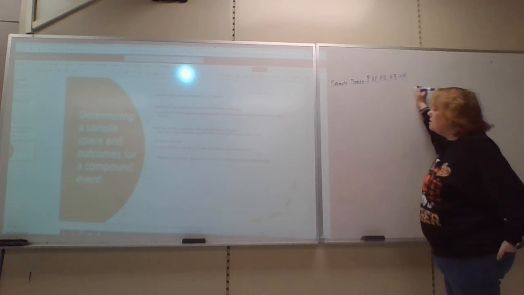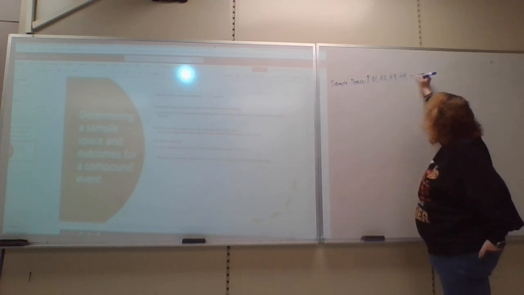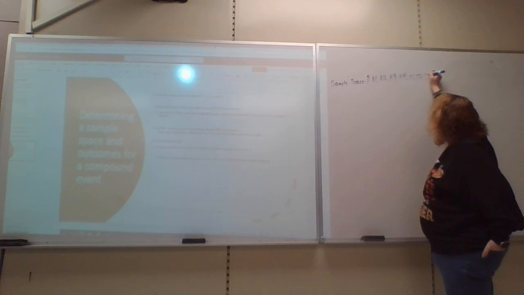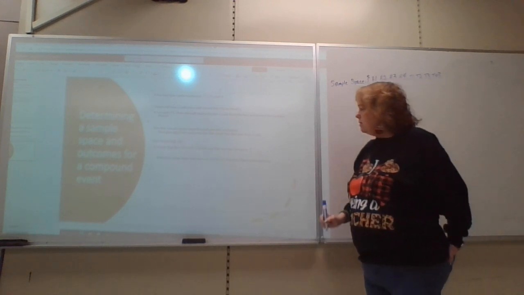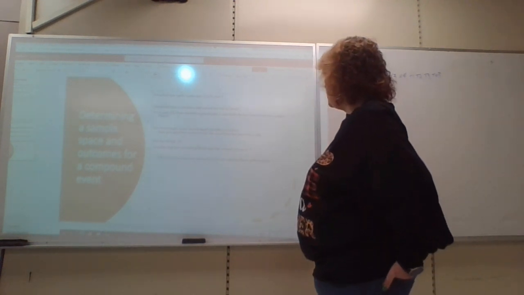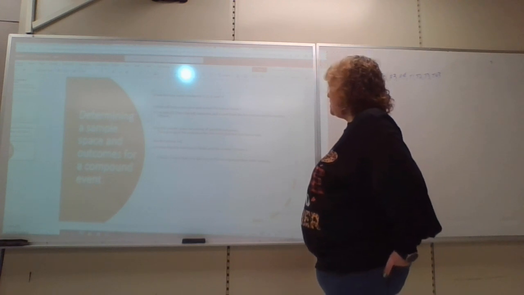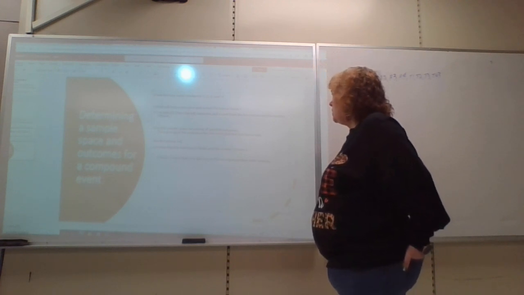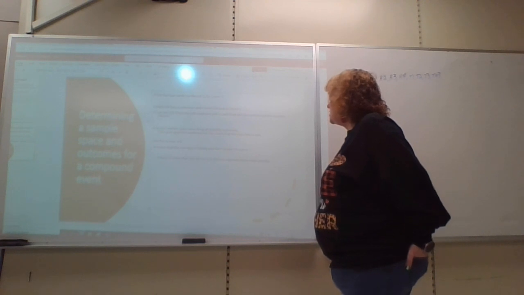Now we got T1, T2, T3, and T4. If there's more than one in the set, separate them with commas. And then it usually asks you what are all the possible outcomes that it's going to be tails.